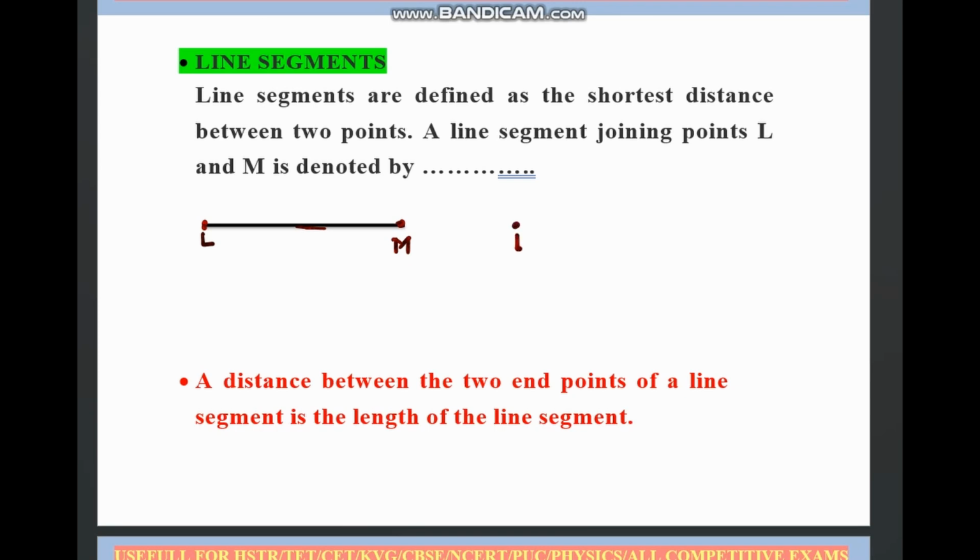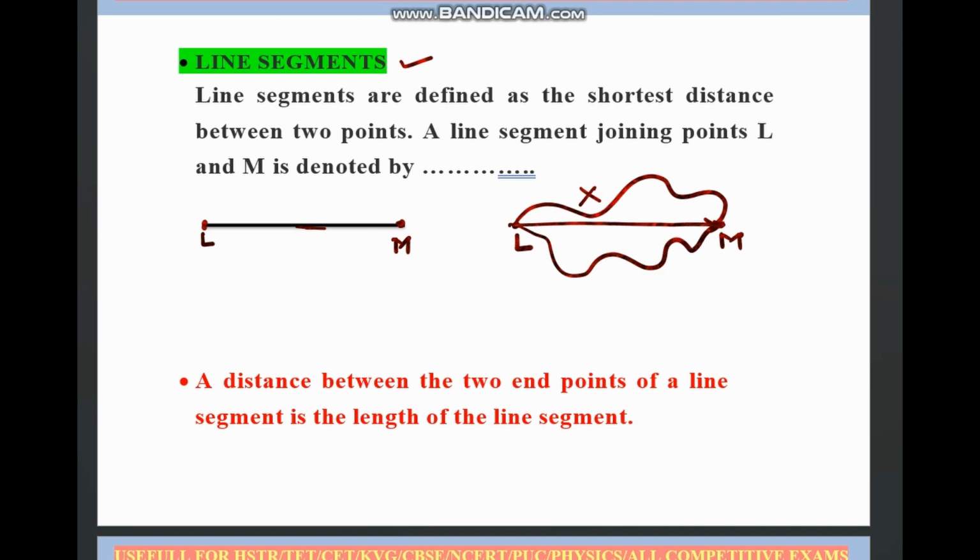See here, if I want to travel from L to M, I may choose this path. But this is not a straight line, nor is it the shortest distance. Even if I choose this path, it is not the shortest distance. The shortest distance between the 2 points is nothing but a straight line, and that is a line segment.